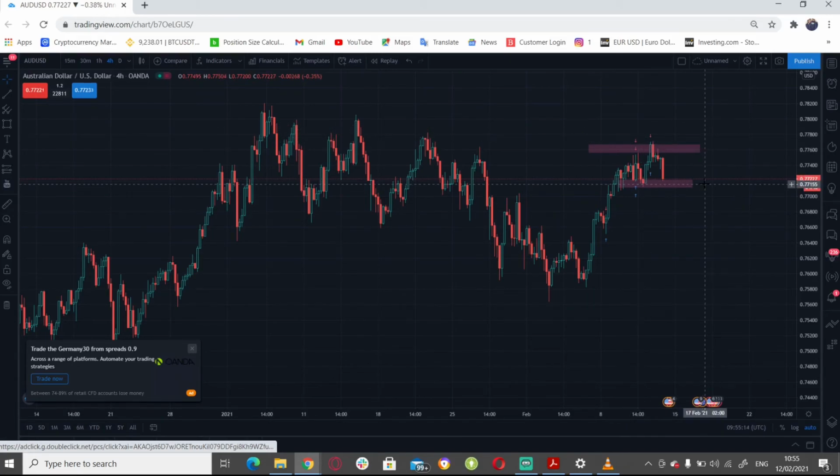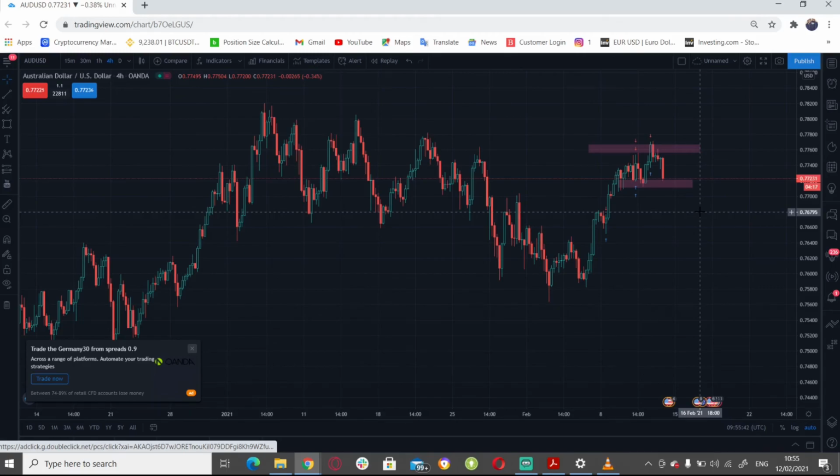And with that being said, man, that's how you identify your key levels. So just remember, go on to the higher time frames, look for the most recent resistance and the most recent support, and that's where you put your key levels. Just two key levels, and within those key levels, that's where you're going to find all your setups and execute your trades.